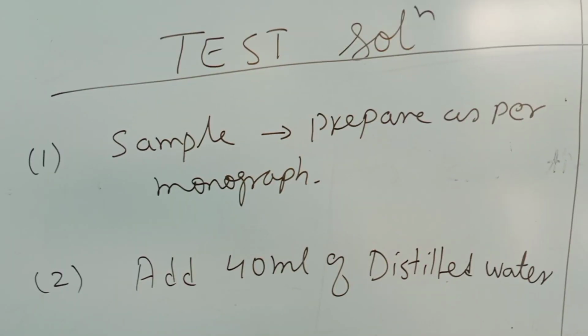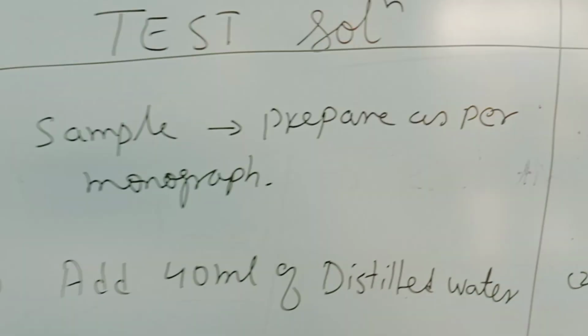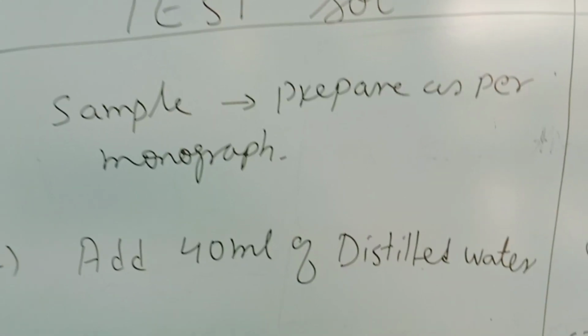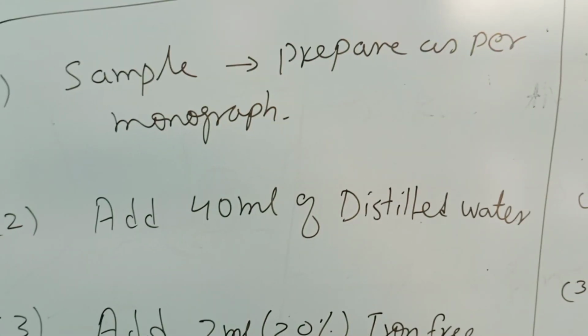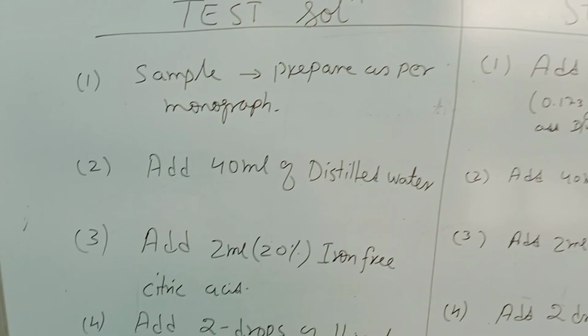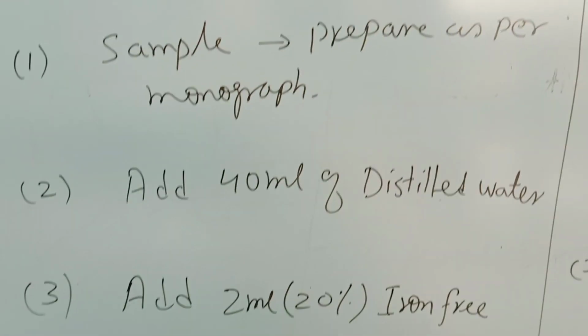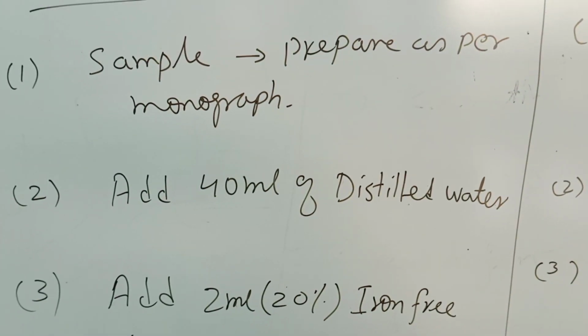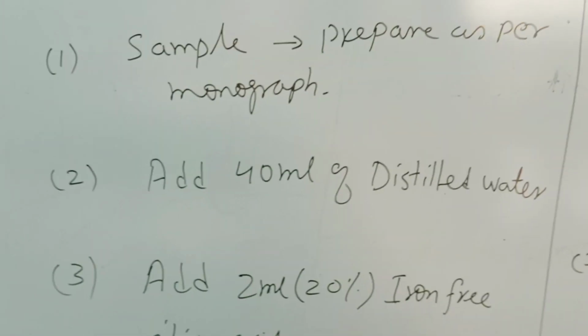Once the prepared sample is transferred into the Nessler cylinder, the second step is to add 40 ml of distilled water to the Nessler cylinder.